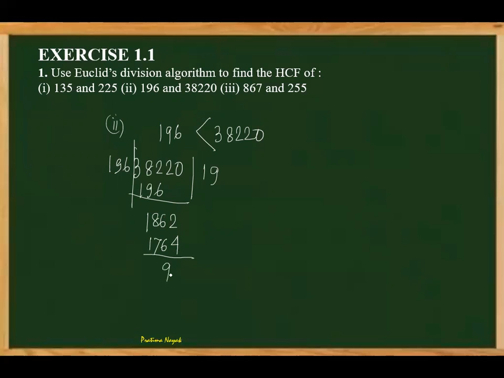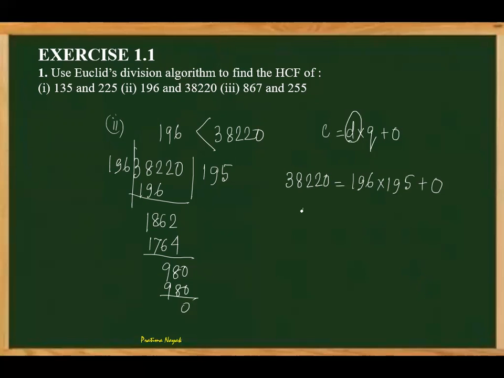Then I'll get 0. Very interestingly, I'm getting the remainder 0 at the first step only. So I'll write 38220 is equal to 196 multiplied by 195 plus 0. So C is equal to D multiplied by Q plus 0. Then D is the HCF. So 196 is the HCF of 196 and 38220.